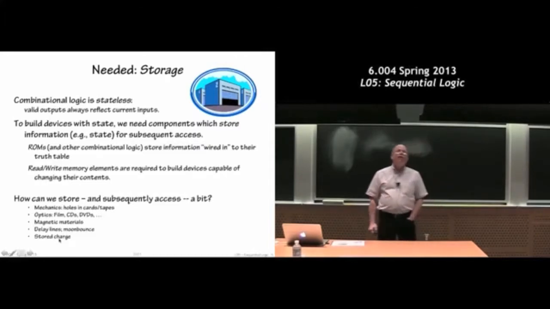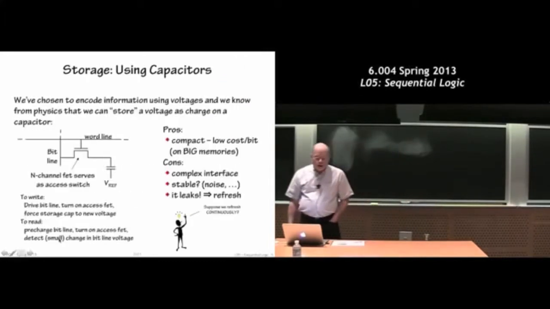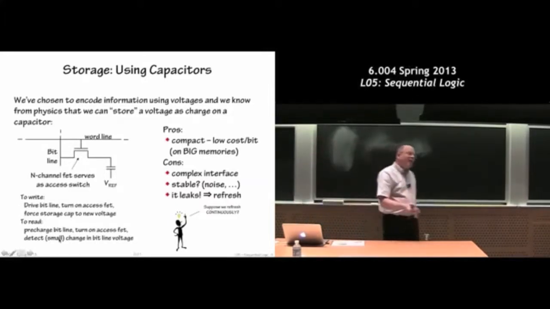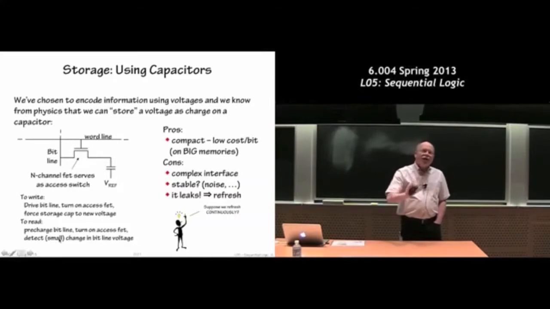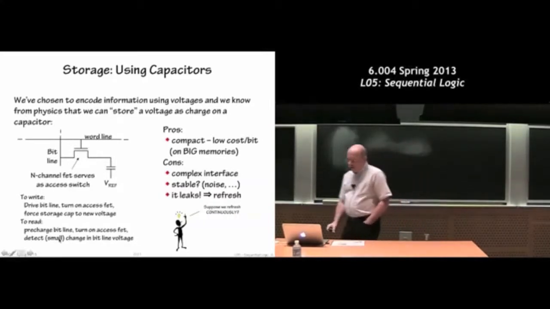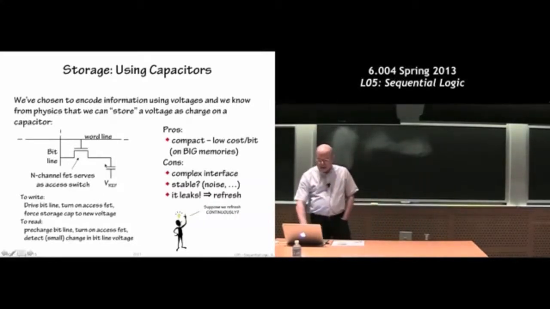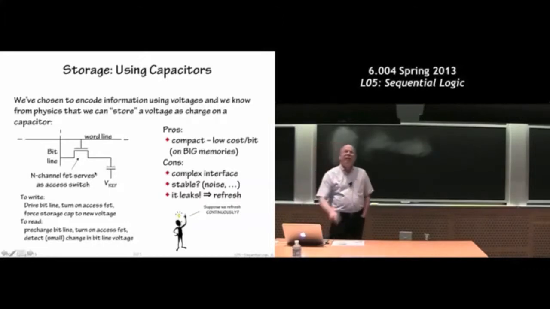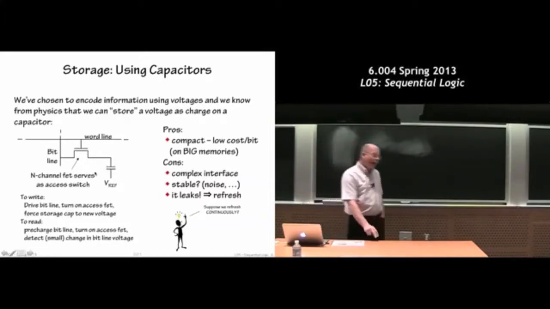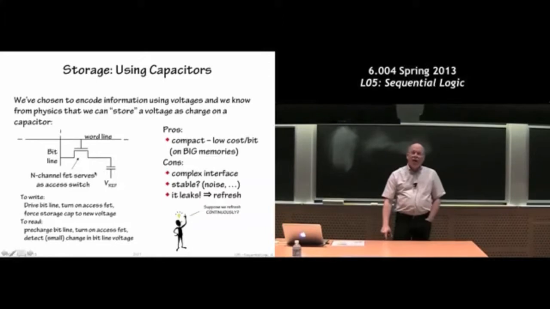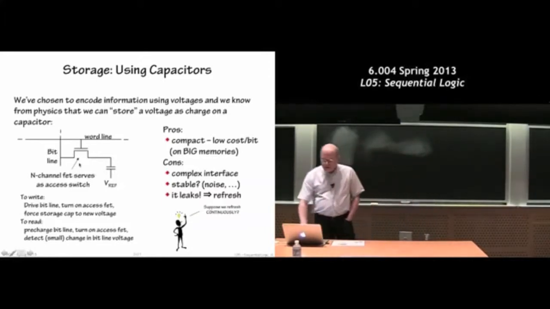For instance, storing a voltage on a capacitor, which lets us quickly access things right away and also quickly change them. Here's a very simple schematic diagram that's pretty representative of the dynamic memories in your laptop. We'll be talking more about this in the future, but today, just think of this as a voltage-controlled switch and a capacitor.